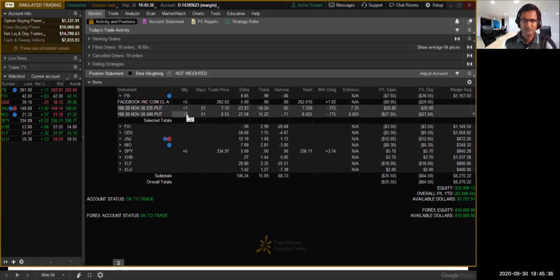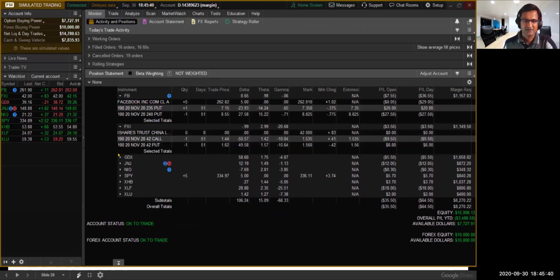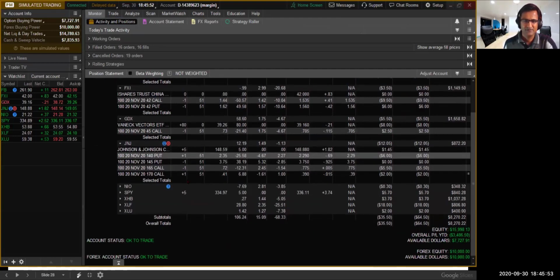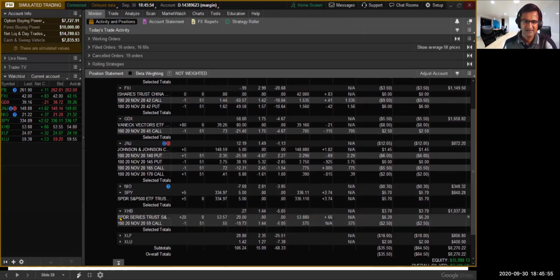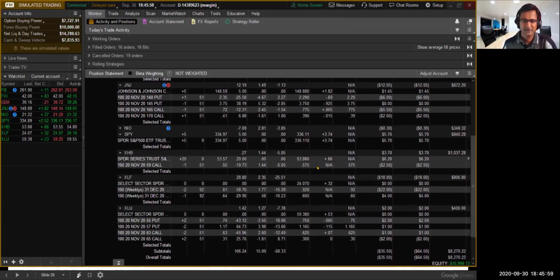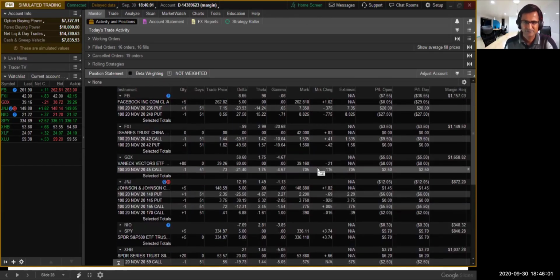I have a put spread. I sold a put spread. On FXI, I have a straddle. On J&J, I have a stock, and I have an iron condor. So I have tons of multiple positions here, with different types of trades in it.